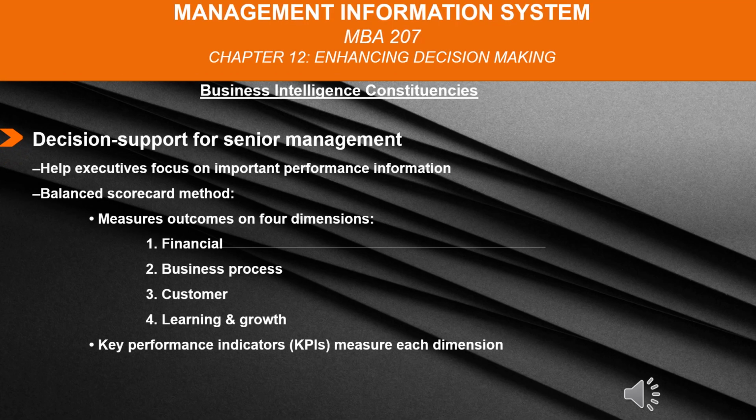And then for decision support for senior management, these help executives focus on important performance information and use the balanced scorecard method, which measures outcomes on four dimensions: financial, business process, customer, and learning and growth, as well as key performance indicators.